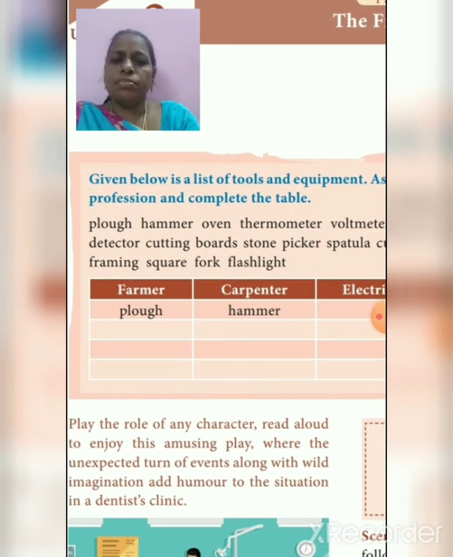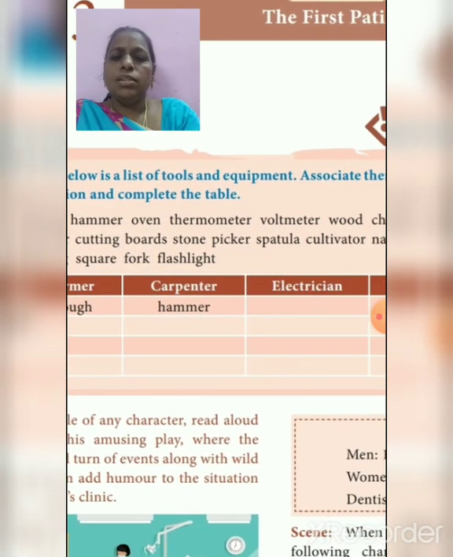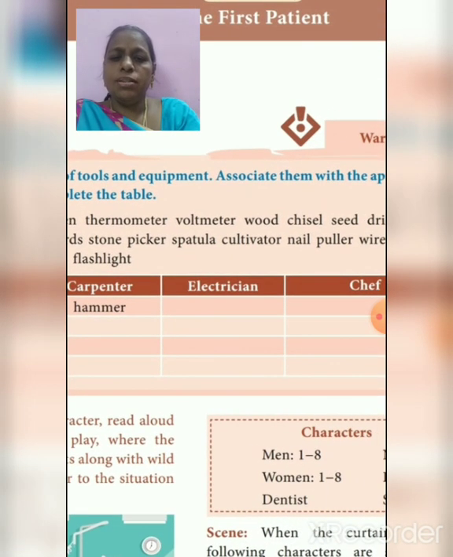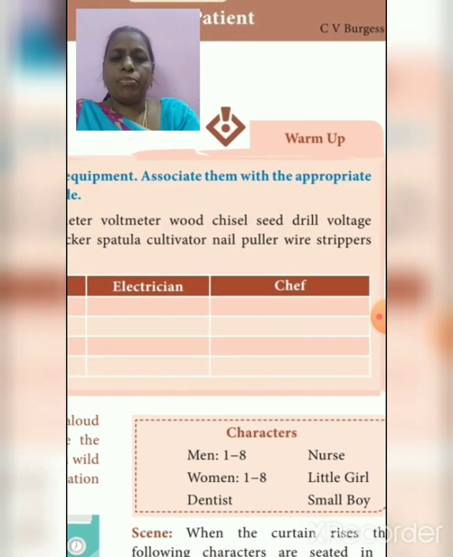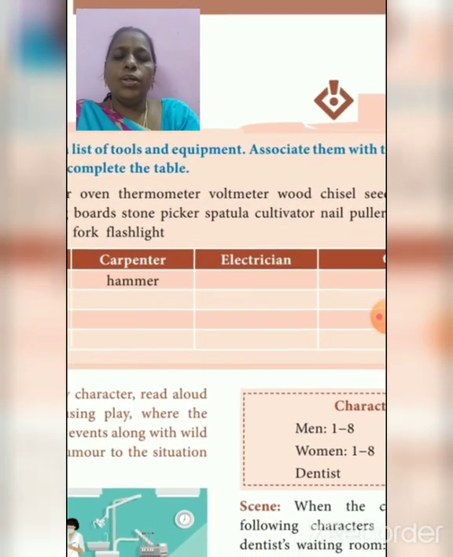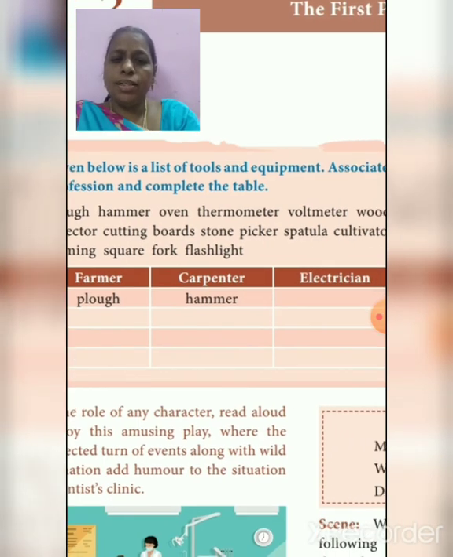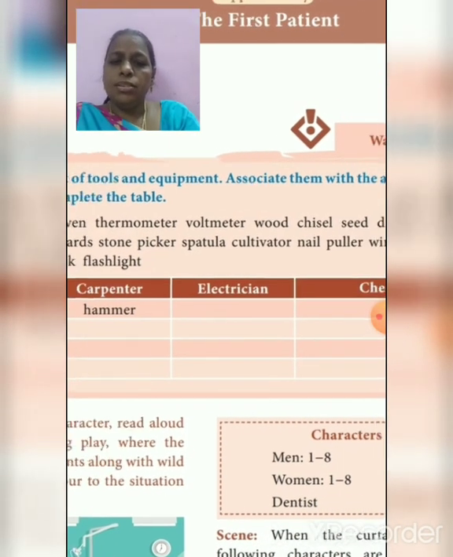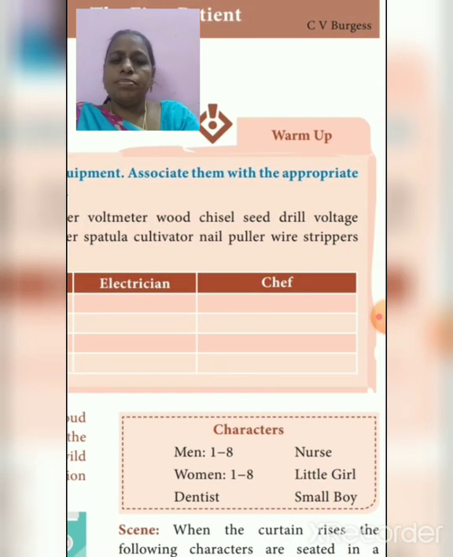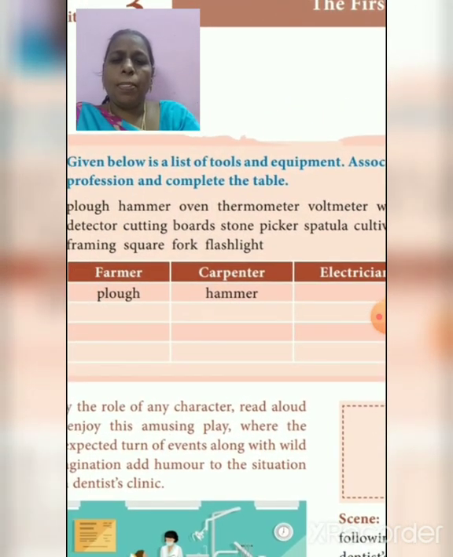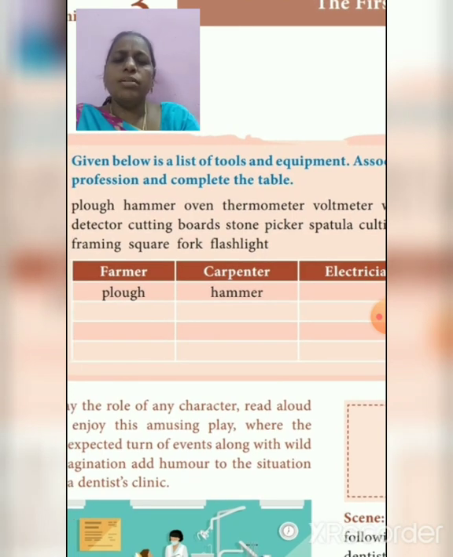Here are the tools and equipment: plow, hammer, oven, thermometer, voltmeter, bird, chisel, seed drill, voltage detector, cutting boards, stone picker, spatula, cultivator, nail puller, wire strippers, framing square, fork, flashlight.